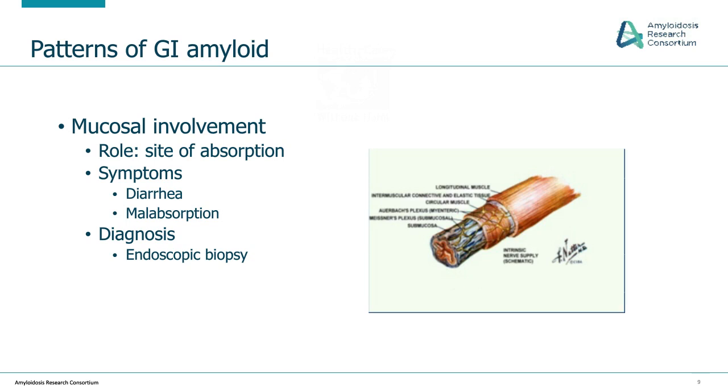And this is the area that if we're doing endoscopy and we're taking a biopsy, this is the only layer that we can get from our scopes. And so if we're doing an upper endoscopy or colonoscopy and biopsying, this is the site that we are looking at.